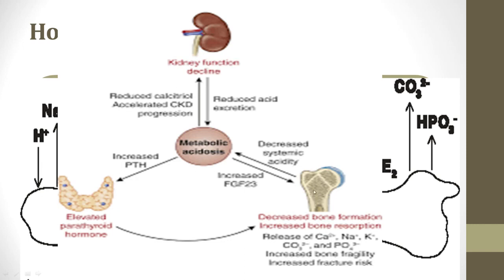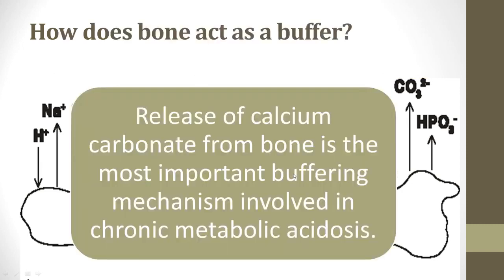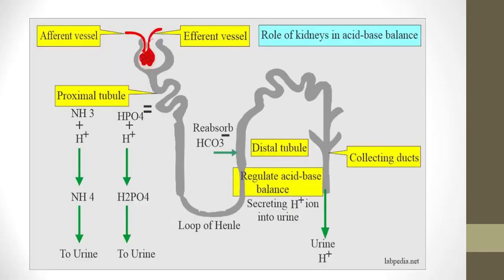And what happens in bone? Decreased bone formation, increased bone resorption. We have just discussed the release of calcium, sodium, potassium, and carbonate in the presence of a constant acidotic environment. So you can say the release of calcium carbonate from the bone is the most important buffering mechanism involved in chronic metabolic acidosis.